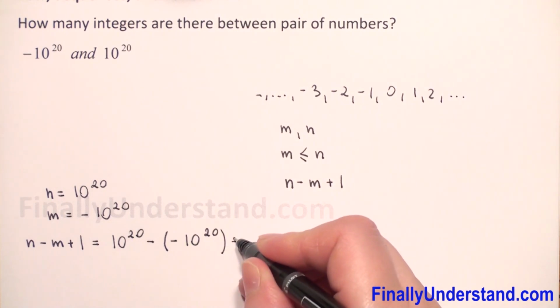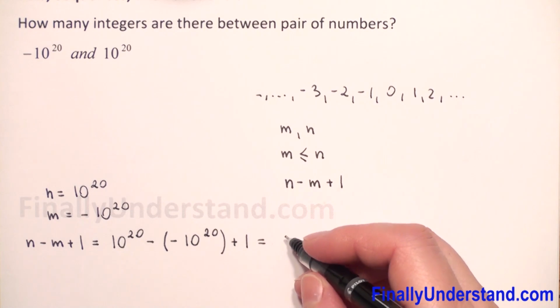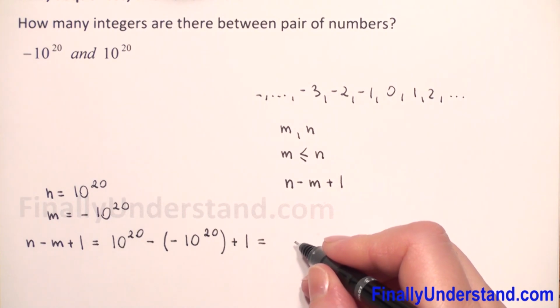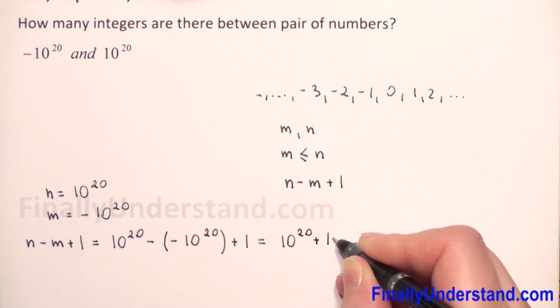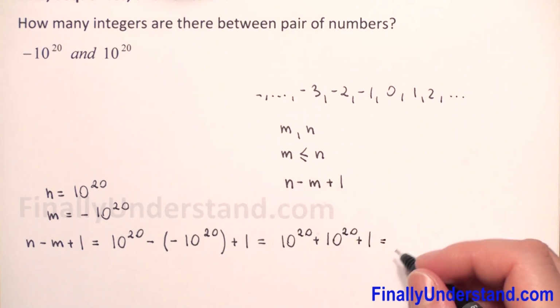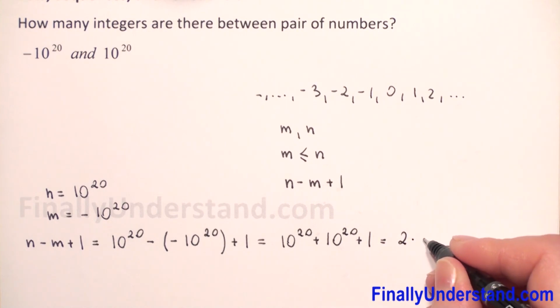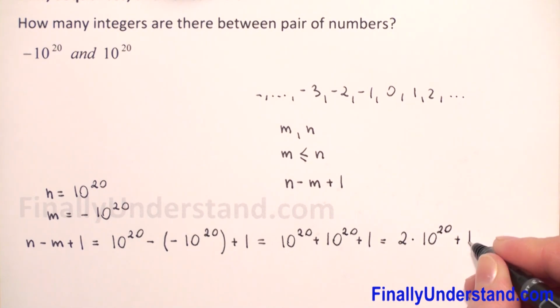So now we have to add 1. So this is equal to, negative and negative give positive, so we have 10 to the power 20 plus 10 to the power 20 plus 1. So we can write 2 times 10 to the power 20 plus 1.